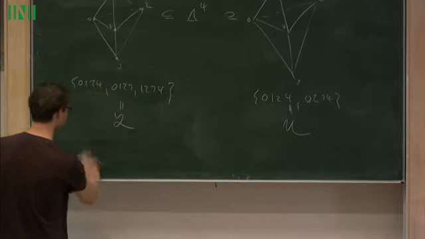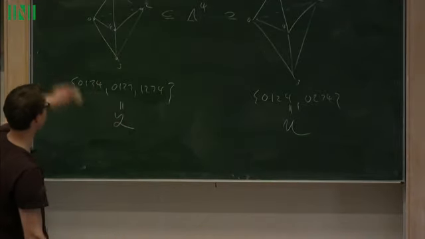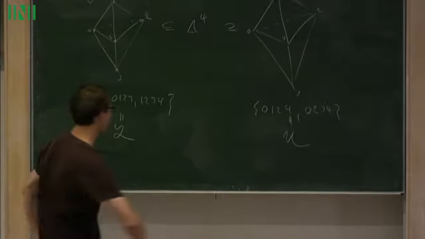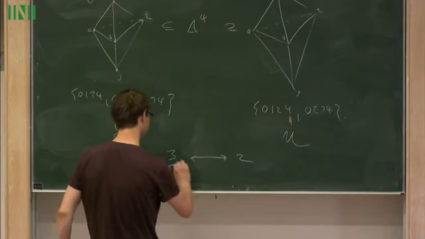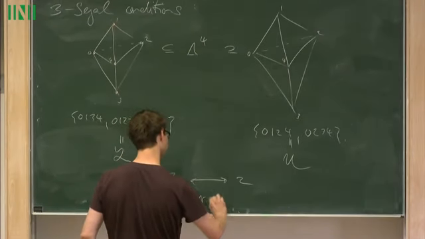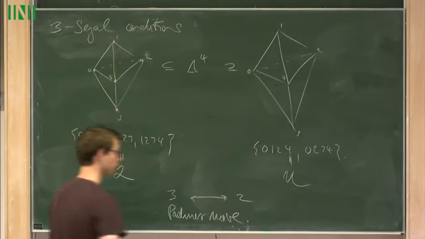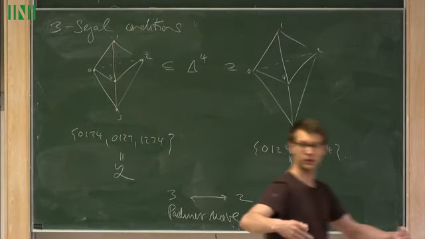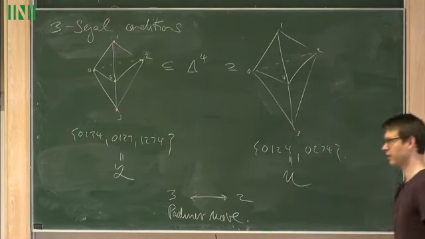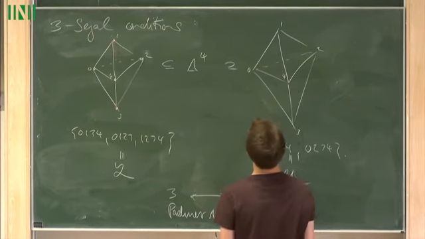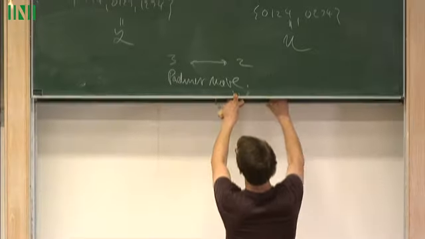So instead of this 2-2 Pachner move, which corresponded to the 2 Segal conditions, here I will actually have a 3-2 Pachner move. But again, it'll come to you as a coherent family of such moves, where all the possible ways of applying these moves are connected by some higher coherences. Okay?